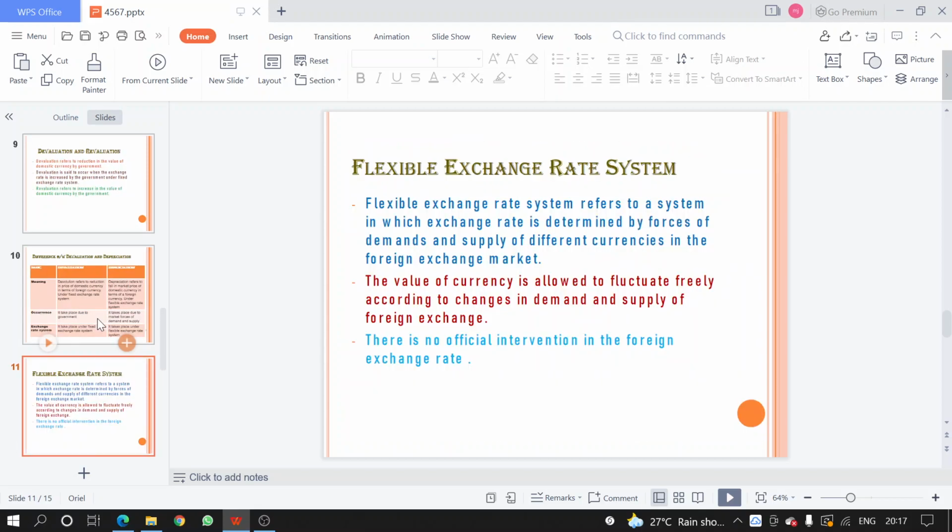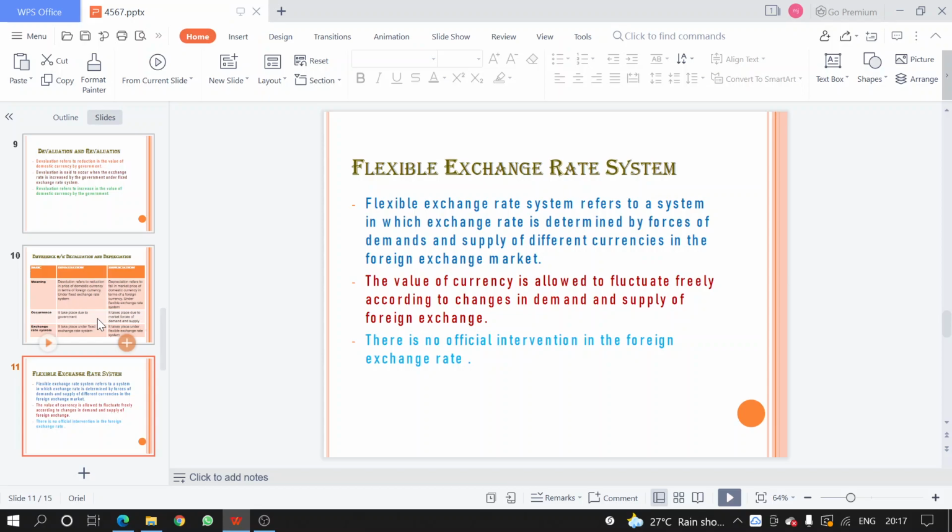Now, what do you mean by the flexible exchange rate system? The flexible exchange rate system is a system in which the exchange rate is determined by the market forces, that is demand and supply, of different currencies in the foreign exchange market. The value of currency is allowed to fluctuate freely according to changes in demand and supply of the foreign exchange.